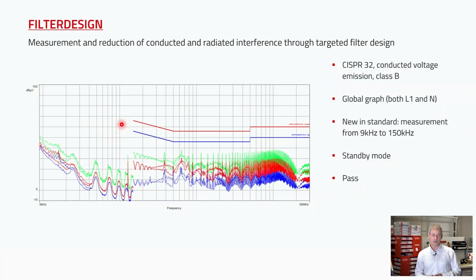That's new, or this will be new in the standard. It's coming up, and if you take measurements, I would say measure this range with your device to have more information for the future and see what happens below 150 kilohertz. That's a tip from my side.